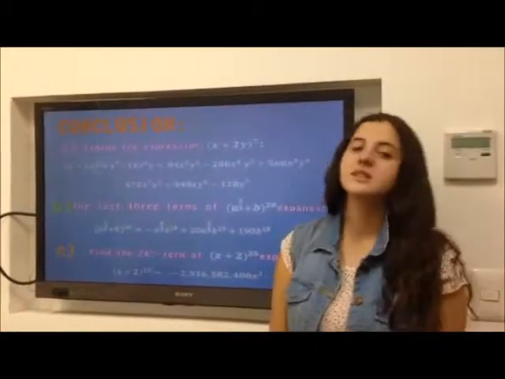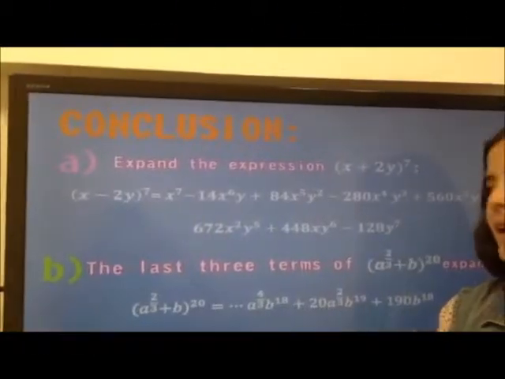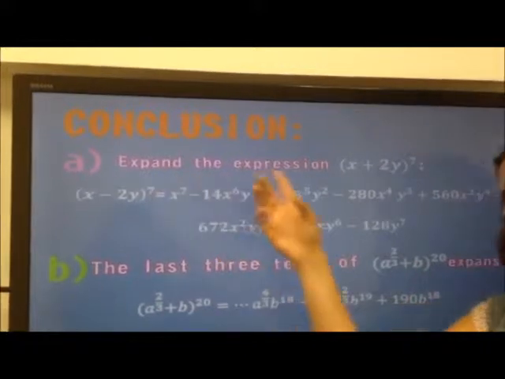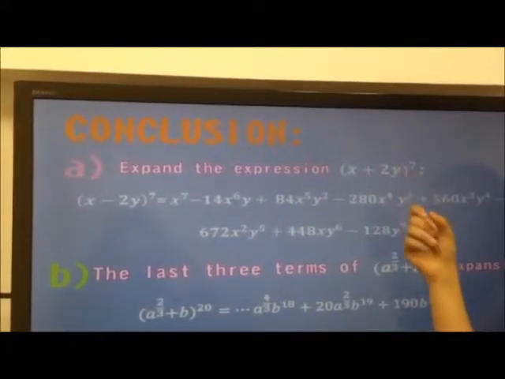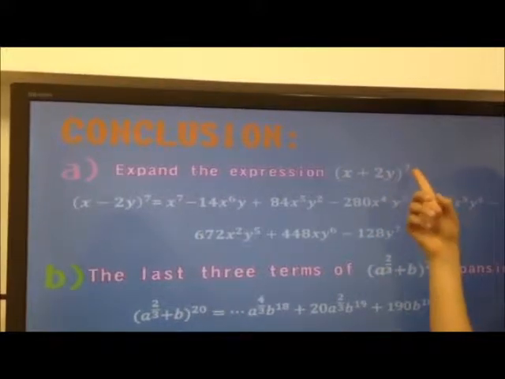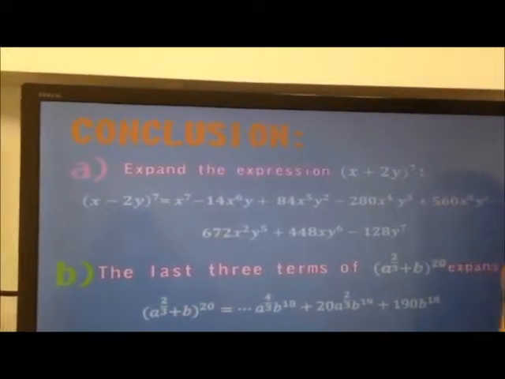After all of these procedures, we can get to our conclusion. In the first exercise, we had to expand the expression x plus 2 times y, all of these elevated to the 7th degree.